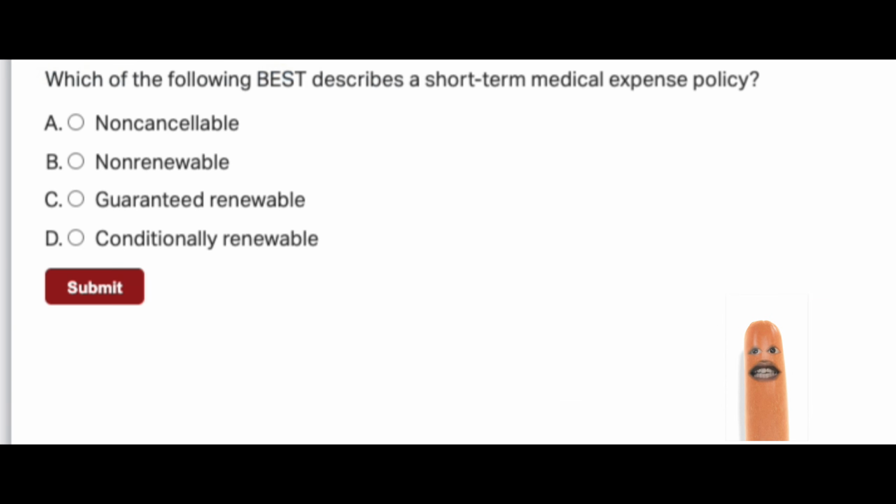Okay. It said, which of the following best describes a short-term medical expense policy? A, non-cancelable. B, non-renewable. C, guaranteed renewable. Or D, conditionally renewable.